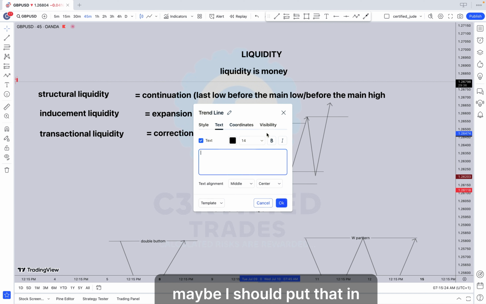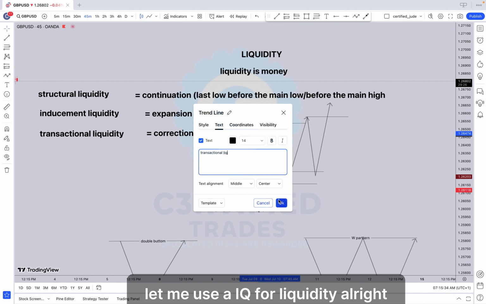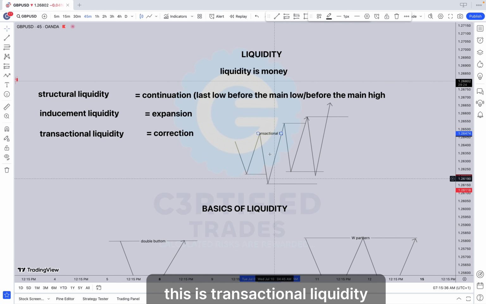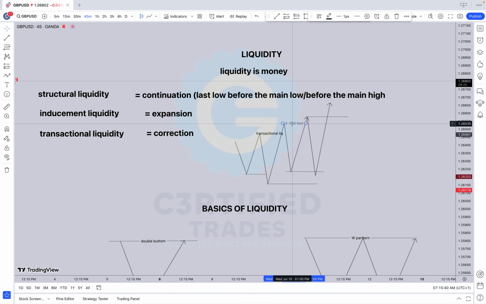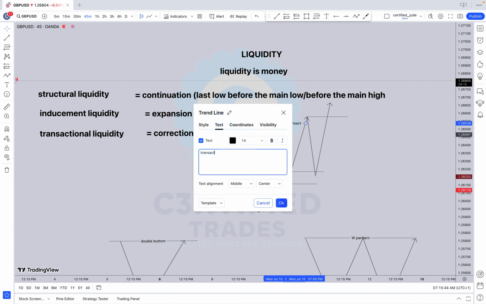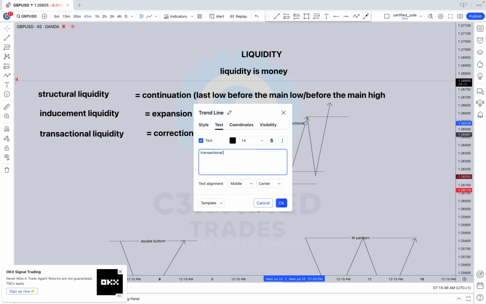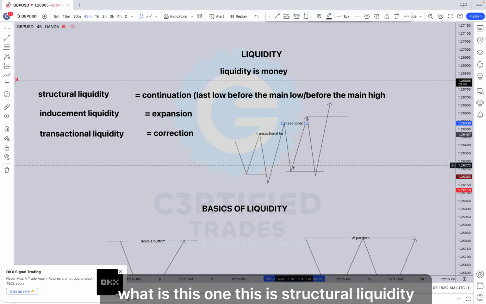Maybe I should put that in. Let me use LIQ for liquidity. All right, this is transactional liquidity. This is transactional liquidity too. All right, this is transactional liquidity. LIQ. All right, this is transactional liquidity. All right, what is this one?